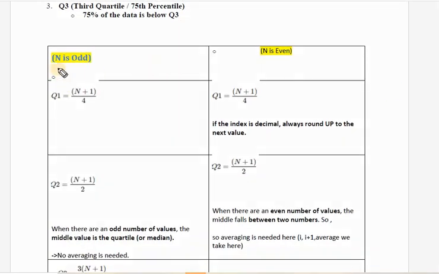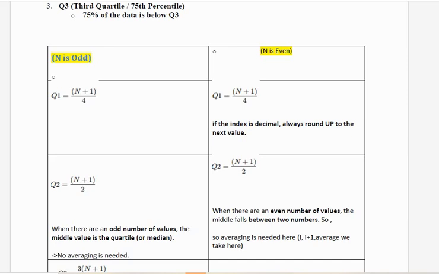This is the formula. If n is odd, we take Q1 equal to n plus 1 divided by 4. If n is even, the same thing, but we will get a decimal when we calculate, which we will see in an example so we understand well. Then you have to round up to the next value.